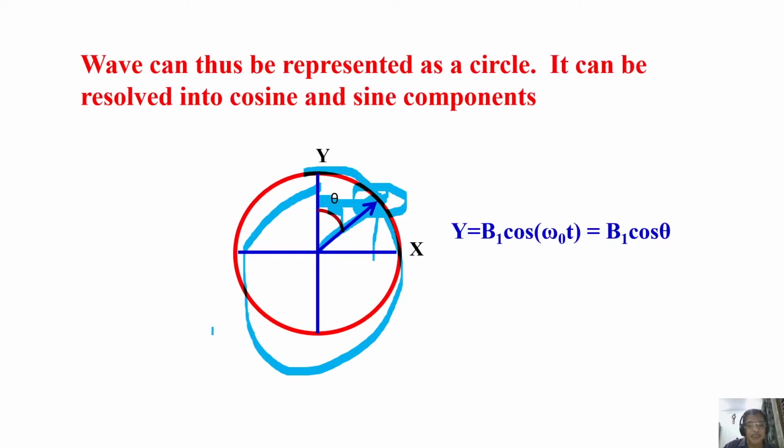Like this, you can work out what happens as a function of theta. We have written the same wave equation in terms of amplitude and frequency as B1 cos theta. Now what is happening to this as a function of theta?